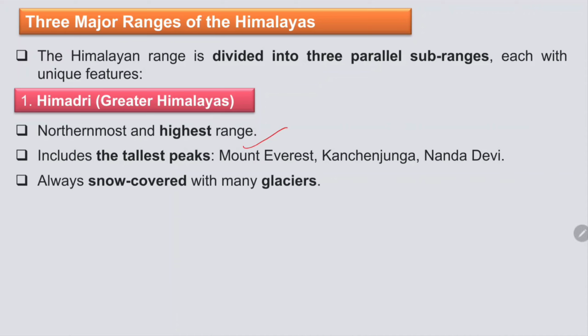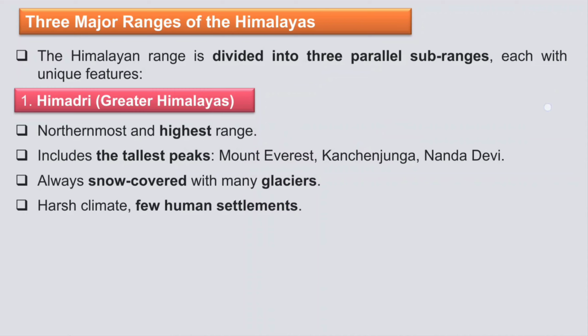Mount Everest is the tallest one, and it is not in India. Kanchenjunga is in India. The Himadri, the Greater Himalaya area, is always snow covered, with many glaciers, a harsh climate and very few human settlements. Why very few human settlements? Because the climate is very harsh, it is difficult to settle there, and it is a mountain area where the terrain is very rugged.